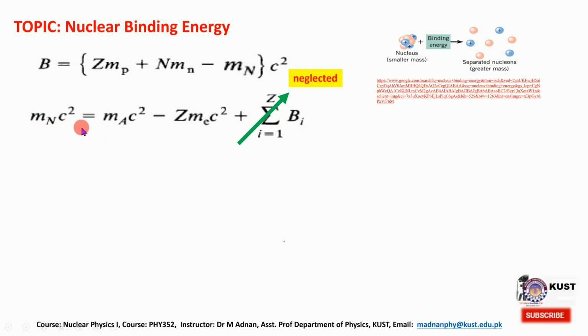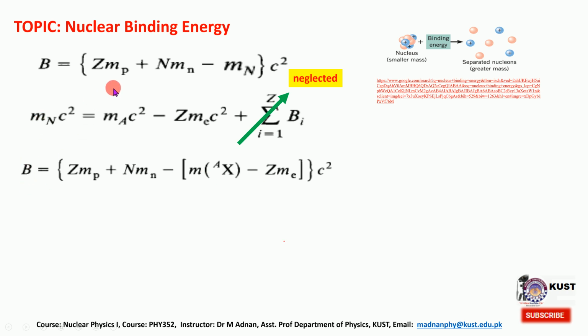So in comparison to the magnitude of this m_N c square, one can neglect this part, so that the above equation can be expressed in this form now, where B is the same, Z times the proton mass plus N times the neutron mass, and then minus, instead of this m_N c square one can write this m_A c square, and also minus the electron contribution.